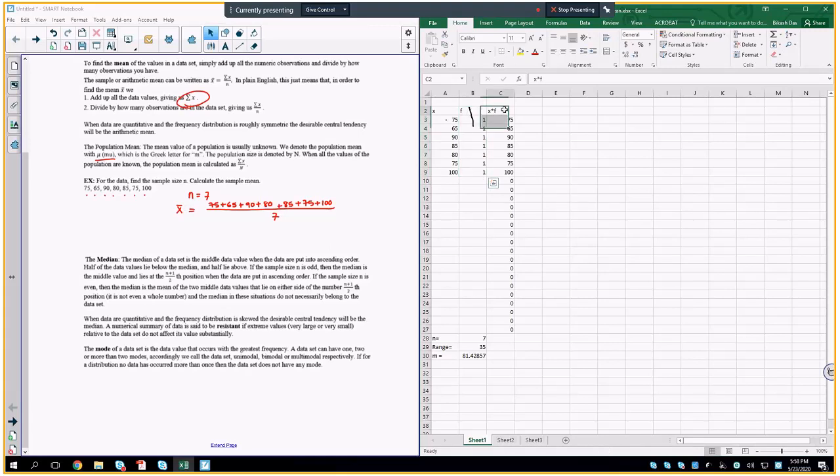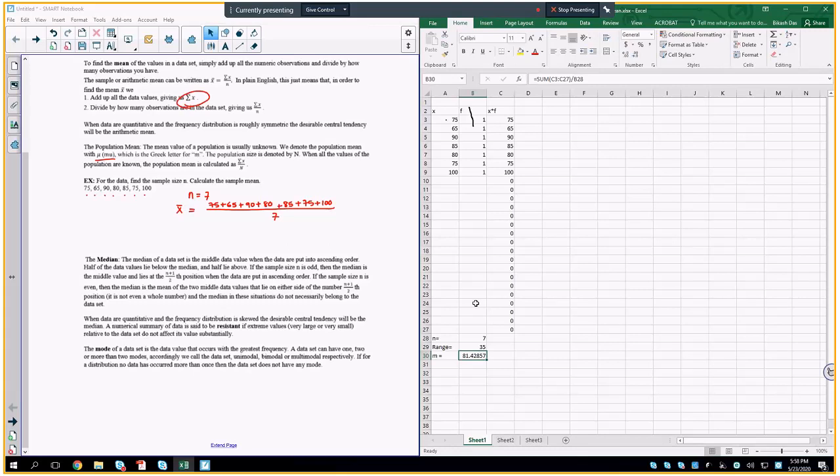Then the third column is giving you the value X times the frequency. So since each one just has frequency 1, it's just giving you X back. Then what you're going to be looking for is down here. It's going to tell you N, which the question asked us to find, 7, and it's going to tell you the mean.